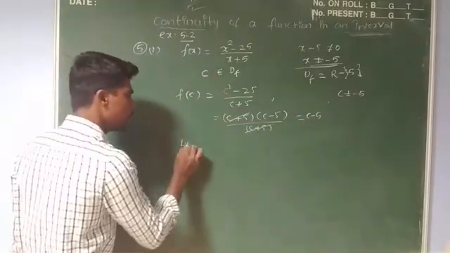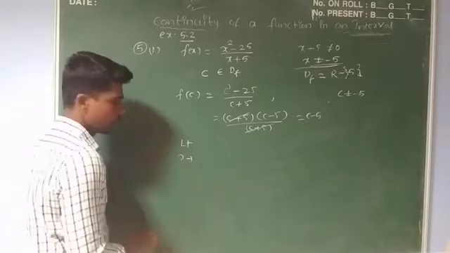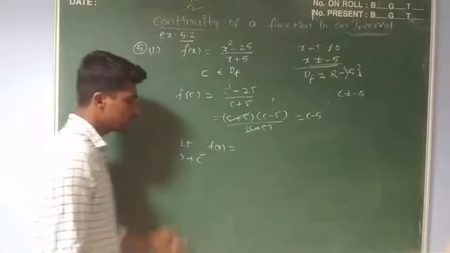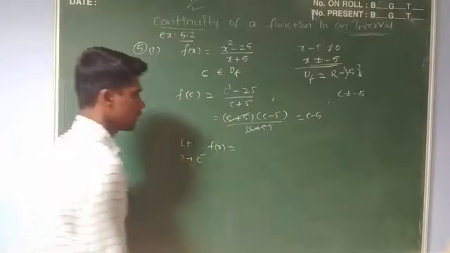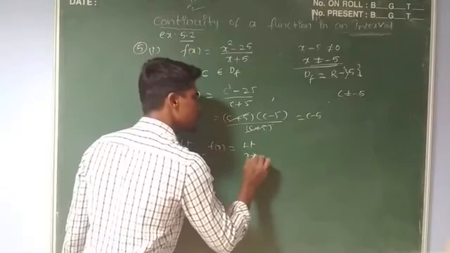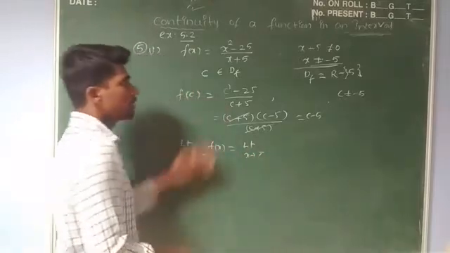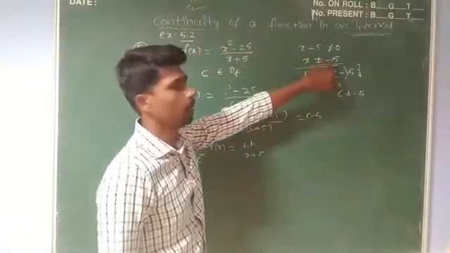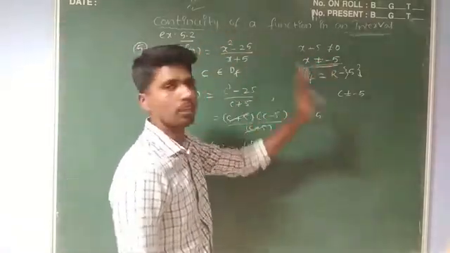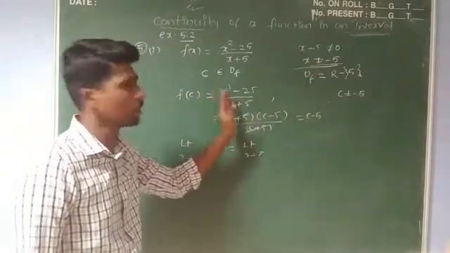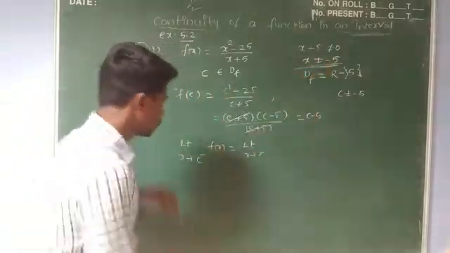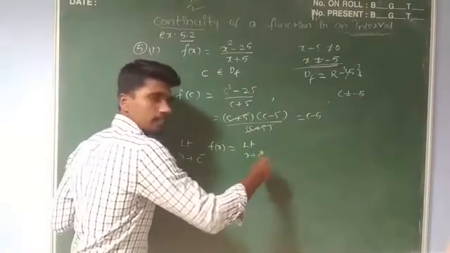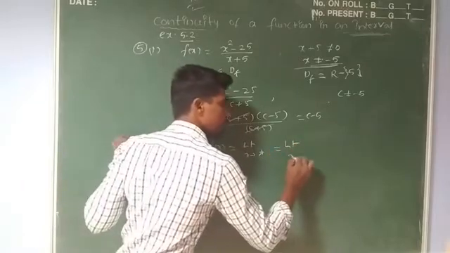Now limit as x tends to c of f(x). The function is the same for all numbers except minus 5. At minus 5, the function does not exist. So in that case, the left-hand limit and right-hand limit act as the limit as x tends to c.